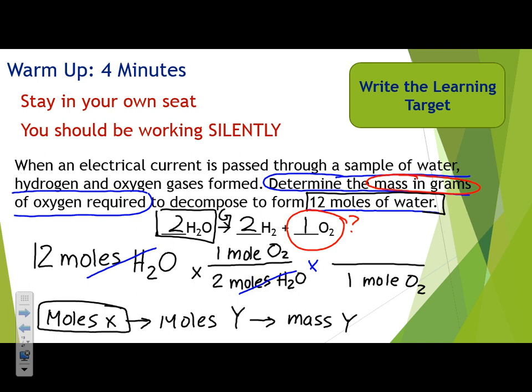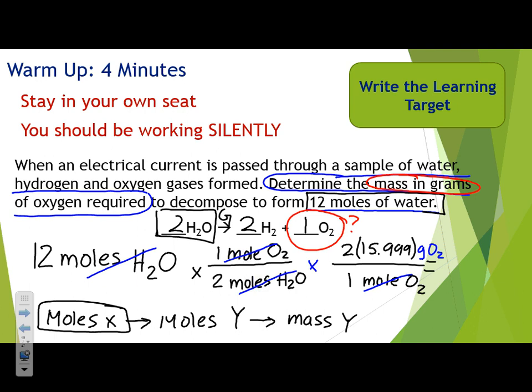Now the mass of 1 mole of oxygen is going to be 2 for 2 oxygen atoms multiplied by the mass of 1 oxygen atom, which is 15.999. Again, after canceling units, moles of oxygen on top and bottom, we now have our final answer in grams of oxygen.